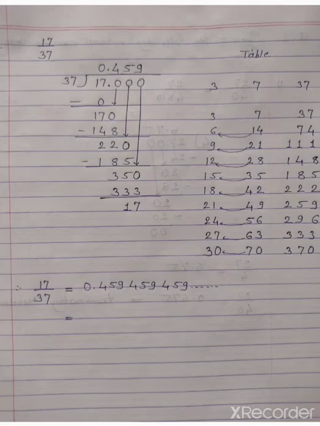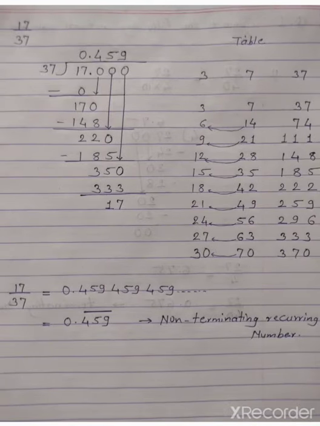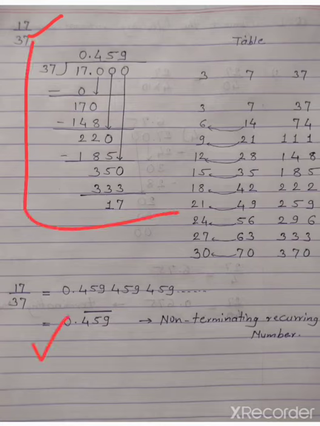This is the answer, or this decimal form is non-terminating, but it is recurring also. So here I write this number is a non-terminating recurring number. In this manner we can convert a given rational number into decimal form just by using this division method.